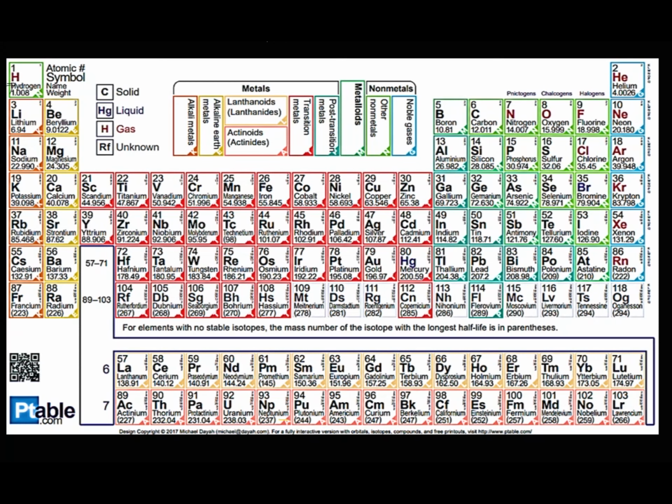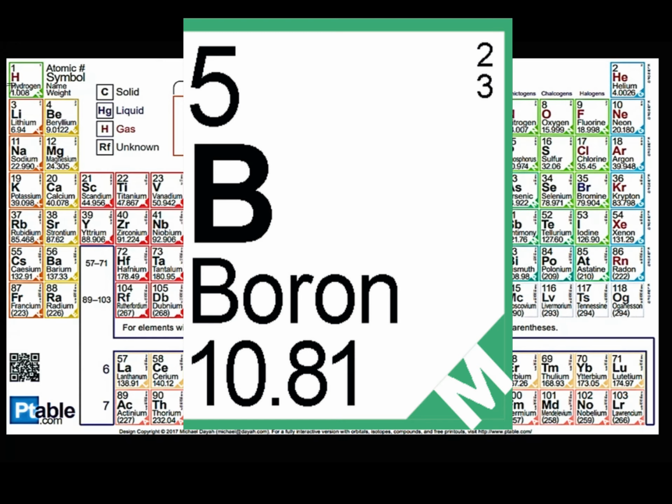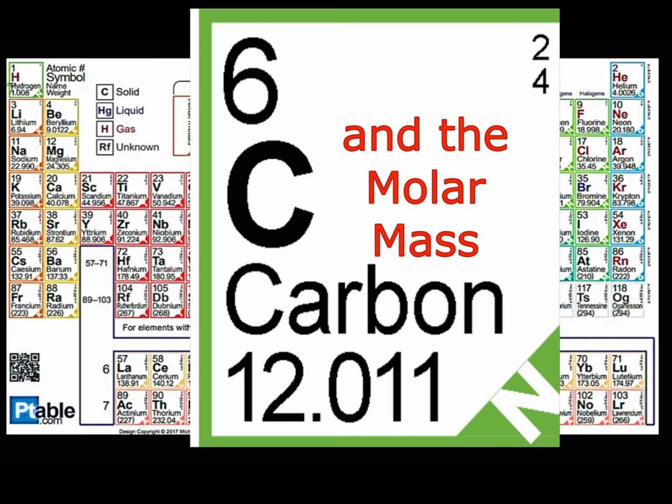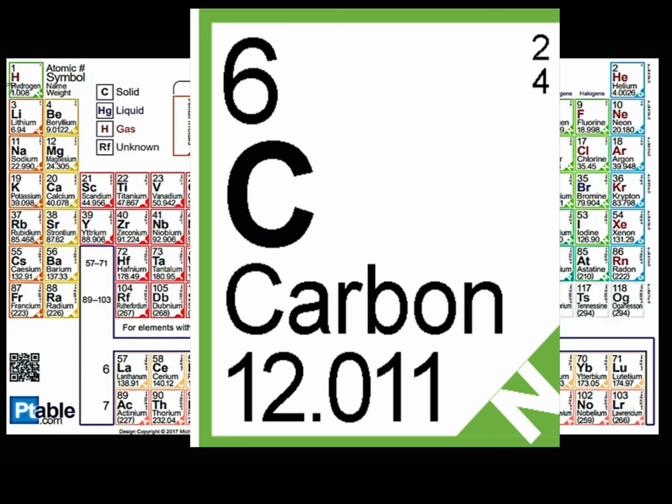For example, for boron, the atomic mass is 10.81 grams per mole. The molar mass is also 10.81. For carbon, that is 12.011. That's the atomic weight, and that also pertains to the atomic mass.